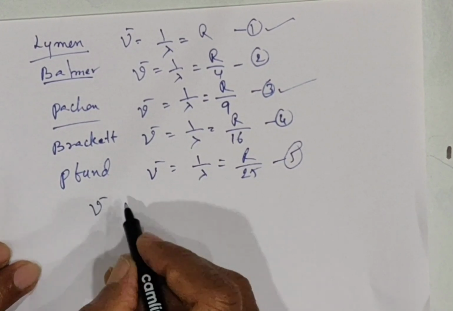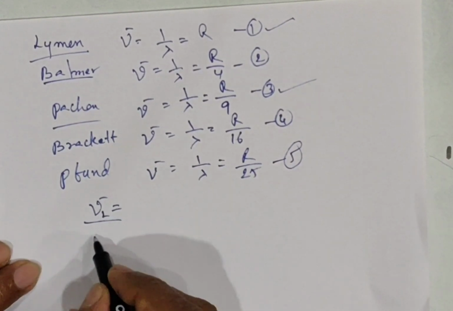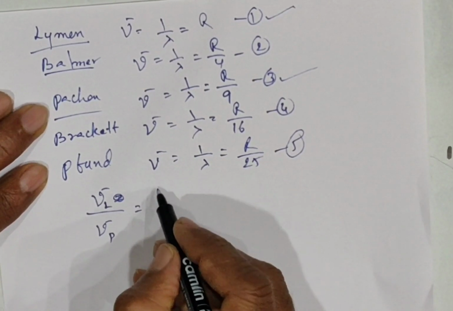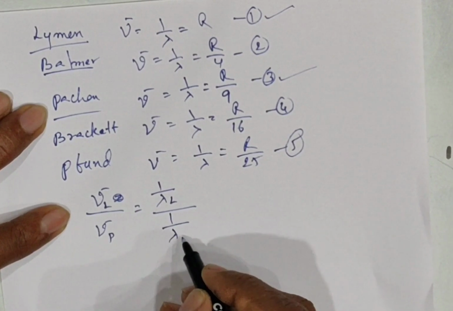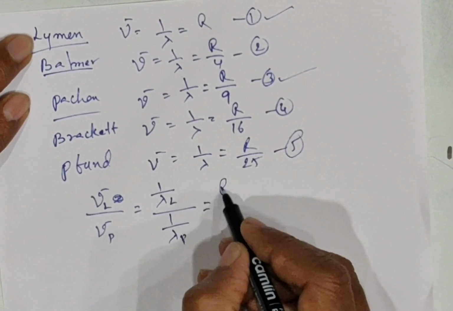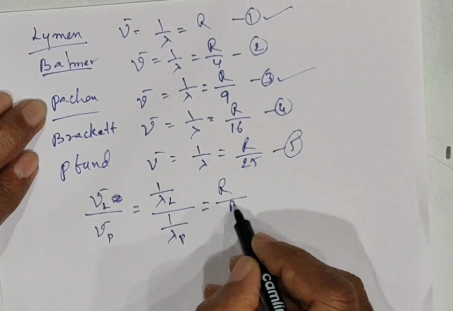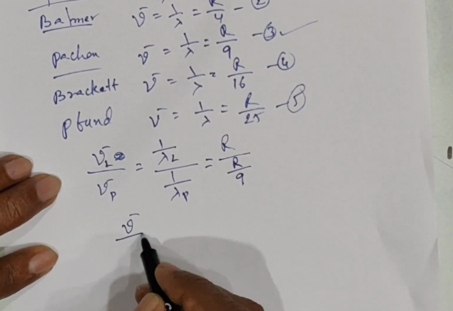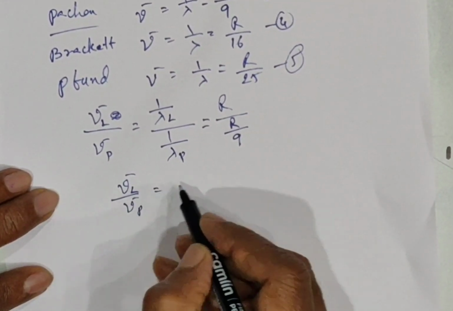Then nu bar of Lyman series by nu bar of Paschen series is equal to 1 by lambda of Lyman by 1 by lambda of Paschen. That is equal to R by R by 9.